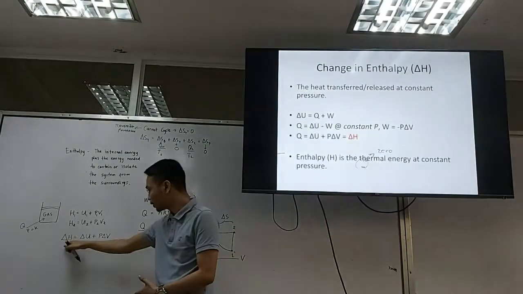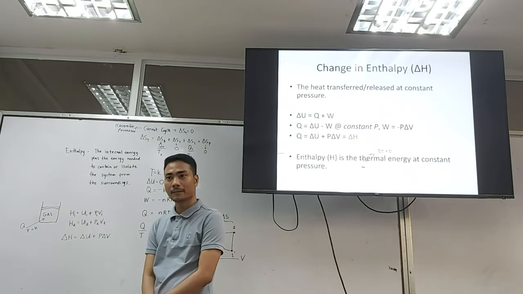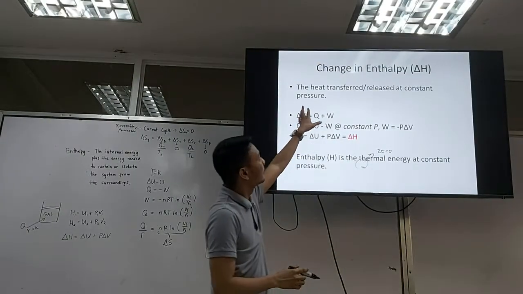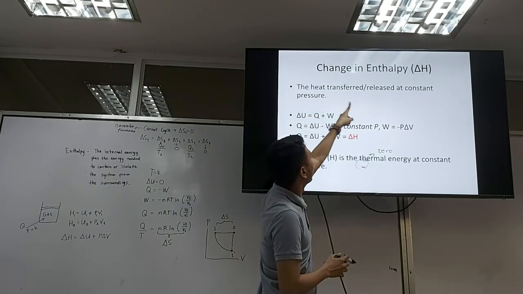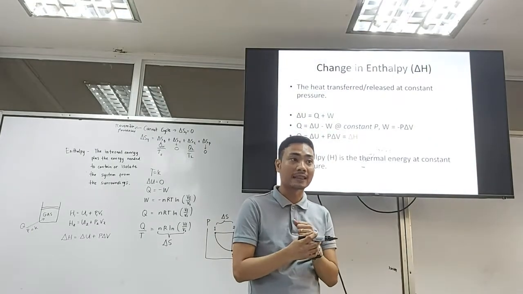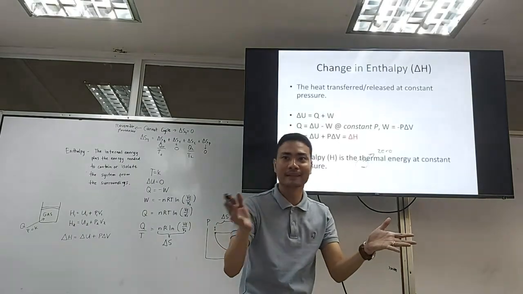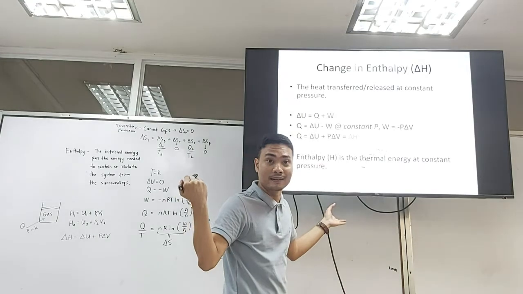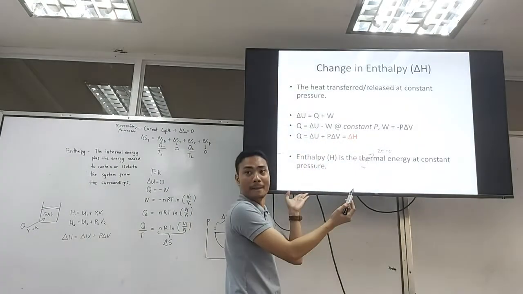So we have this equation for change in enthalpy, from which we can say that the heat transferred at constant pressure is also the change in enthalpy. What is that? Naalala niyo sa isobaric process, no? Isobaric heating yan, right? Di ba delta U is equal to Q plus W?